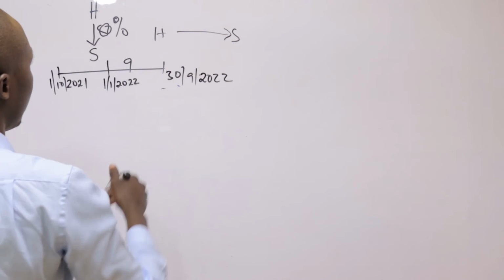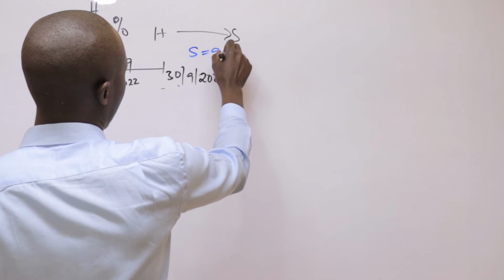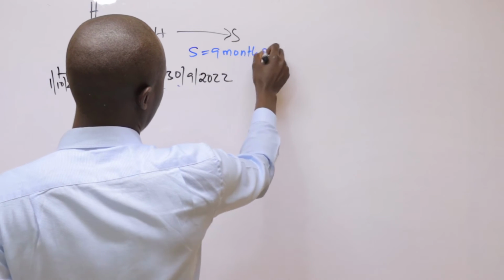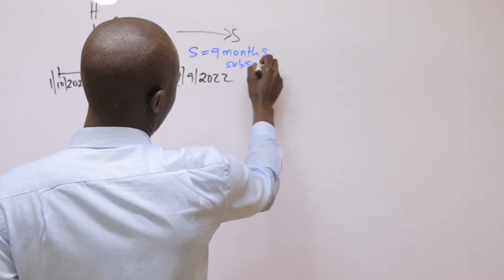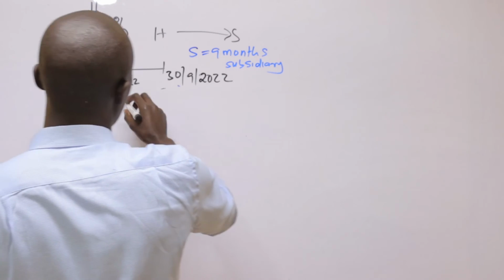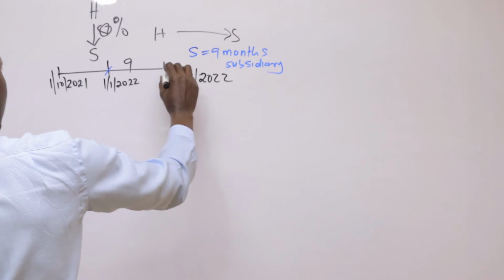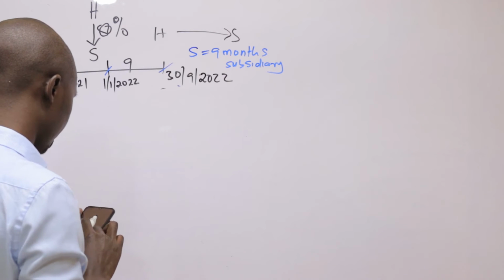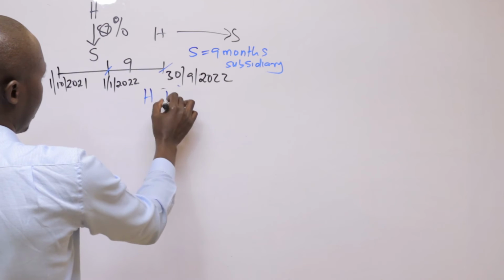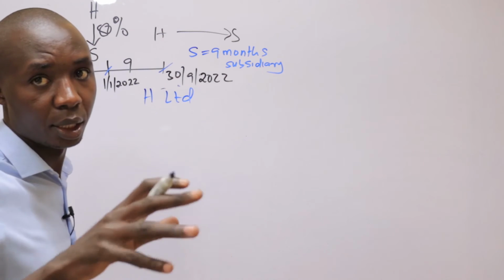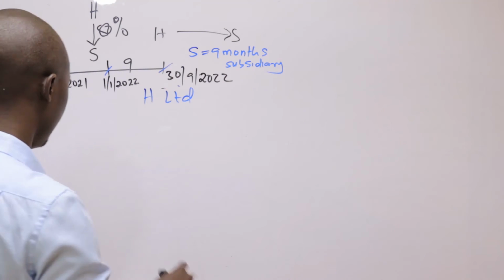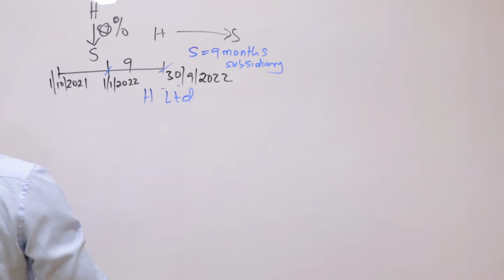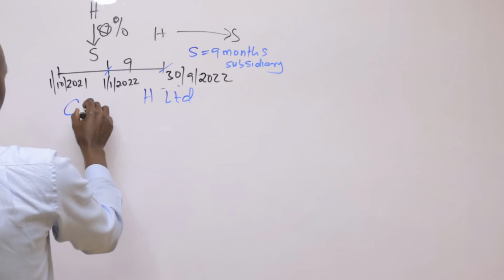Like now here S is a 9 months subsidiary. That is what we have confirmed because it was existing from January to the end of the year. So when consolidating this subsidiary as H, remember that the parent is the one which consolidates the subsidiary. So H Limited, they need consolidated statement of profit and loss.